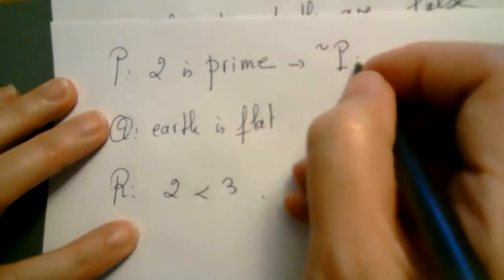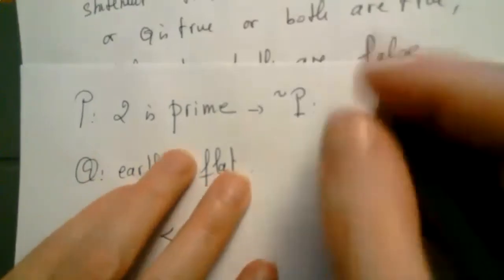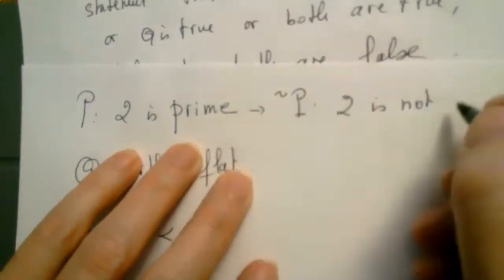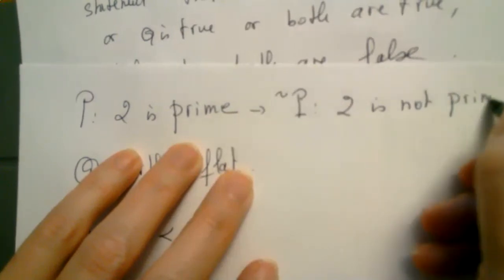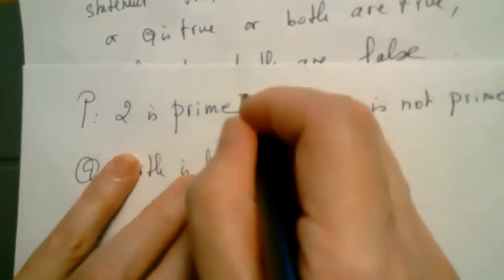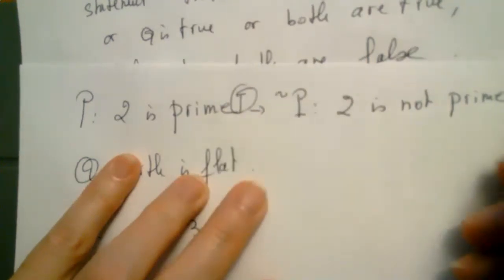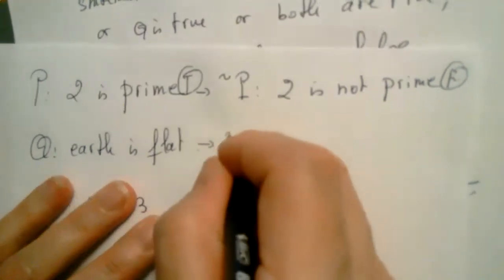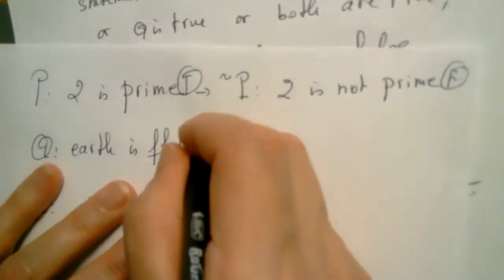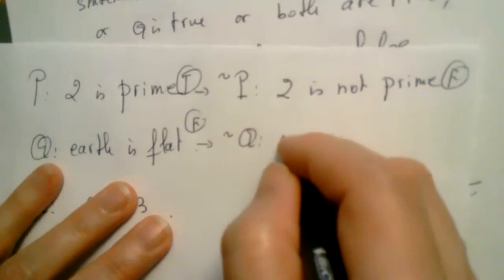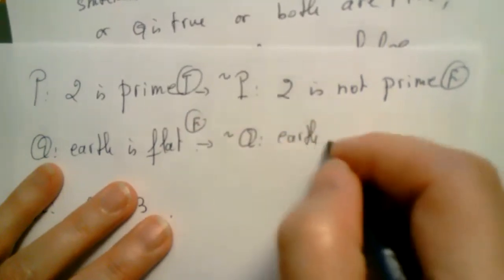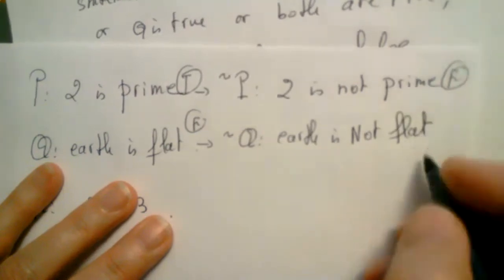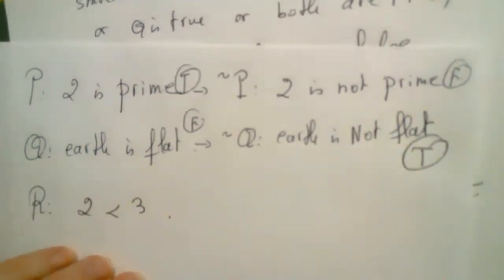For those simple statements, let's write it down. Not P is 2 is not prime. 2 is prime is true, and this is false. Earth is flat is definitely a false statement. The negation, Earth is not flat, is a true statement.